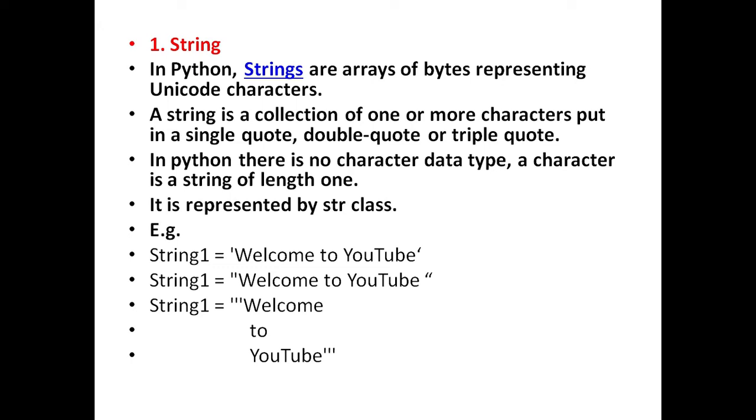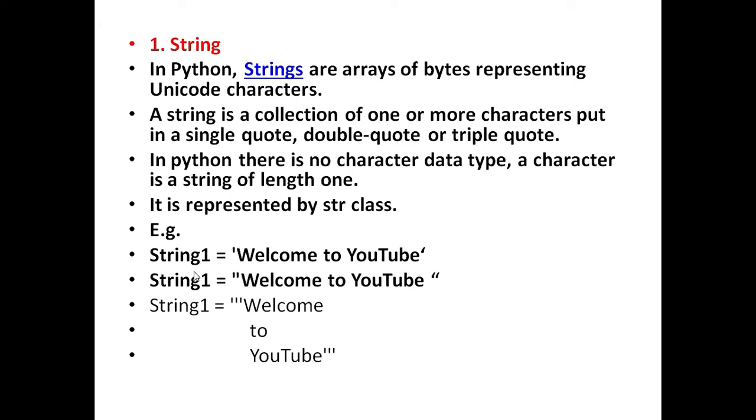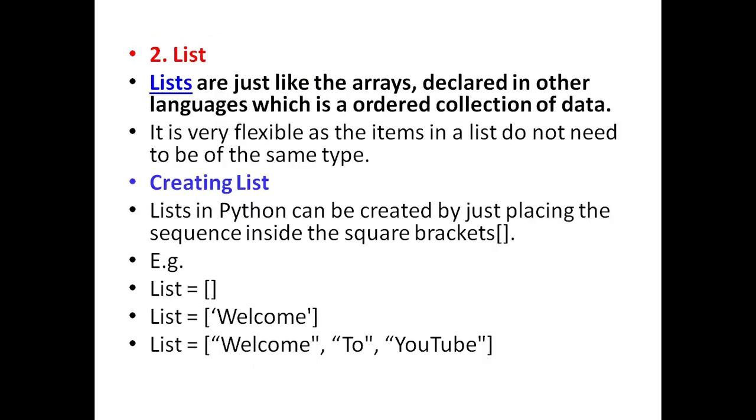For example, string1 equal to "welcome to YouTube" written in single quote. Then string1 equal to "welcome to YouTube" written in double quote. And string1 equal to "welcome to YouTube" written in triple quote, but in multi-line. Next is list. Lists are just like arrays which are declared in other languages, which is an ordered collection of data.